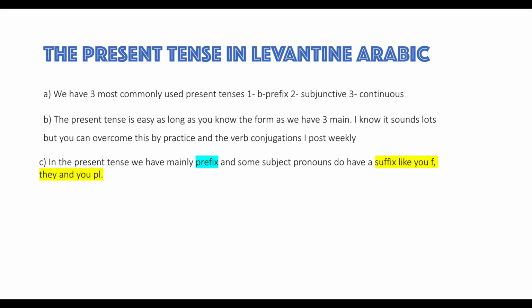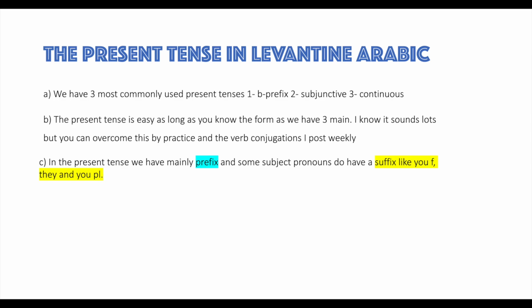When you make the present tense, the first vowel gets deleted or becomes silent, and the second vowel, which comes before the last letter, changes depending on the verb form. Later on I'll give you some examples to help you understand this a bit more. So the second vowel changes and becomes a u here, so it becomes biktob. So there's a big difference between katab, to write, and biktob, which means I write.